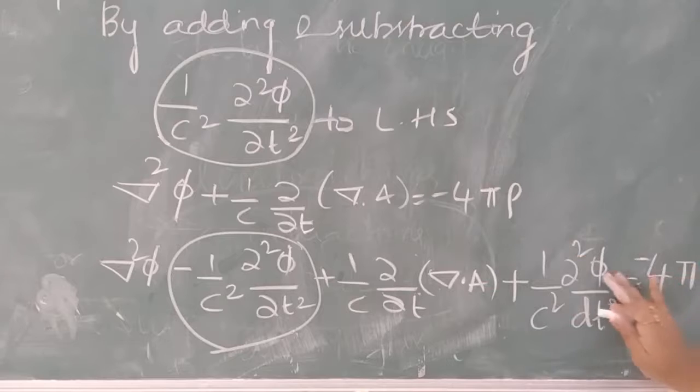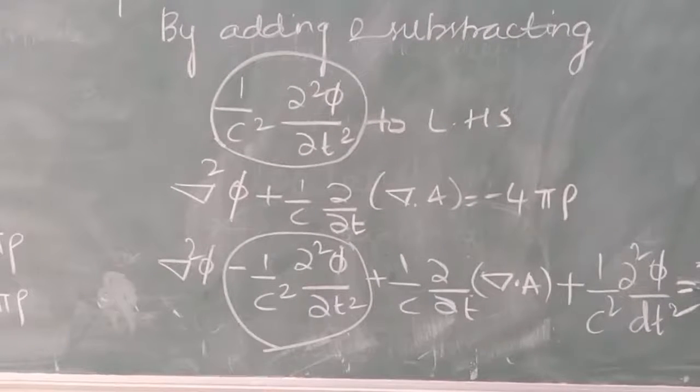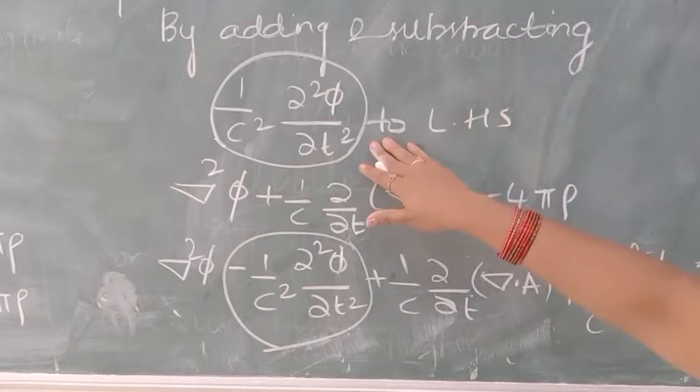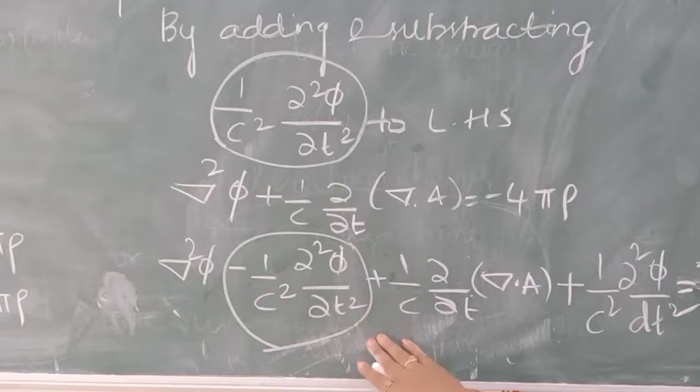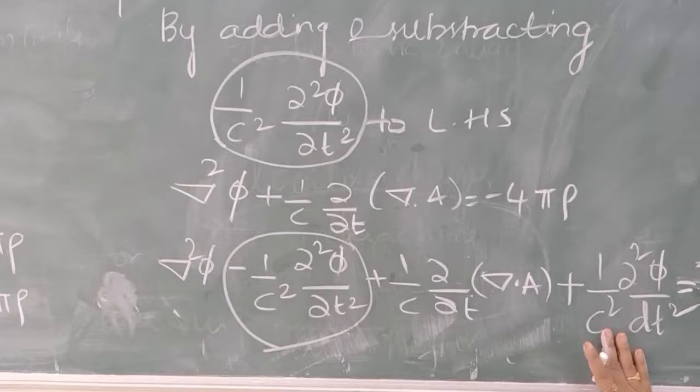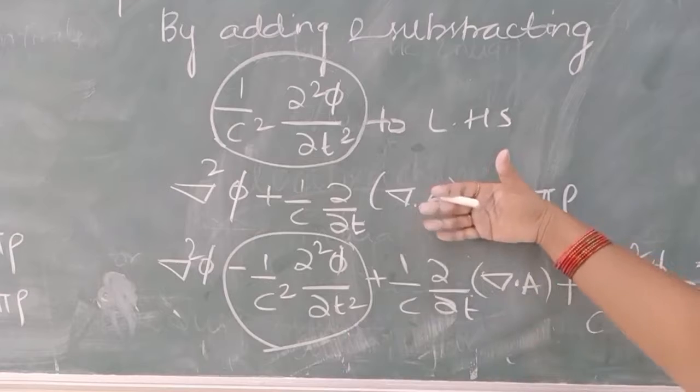What have I done? I have added and subtracted this term to the previous equation, this is the plus term and this is the minus term, to the above equation.